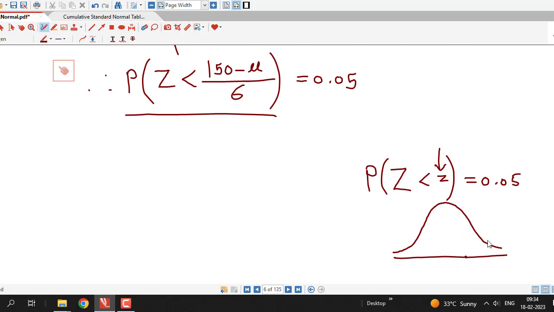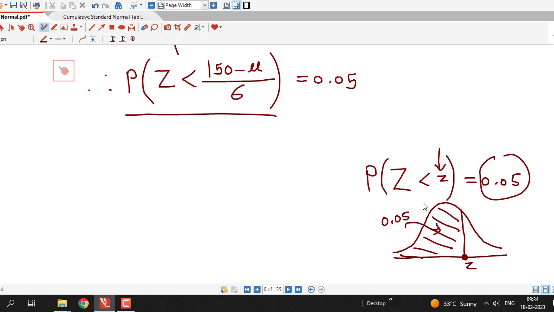Suppose this point is Z, then area to the left of this point is 0.05, and we don't know what is this point. So we are given the area to the left of point Z, which is unknown, and using this area we have to find out the value of Z, for which this area is 0.05.